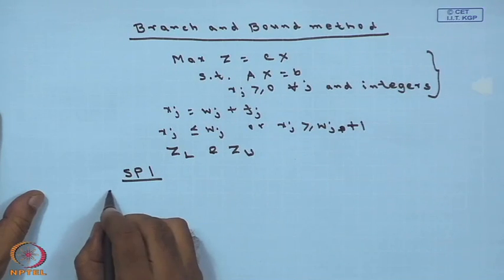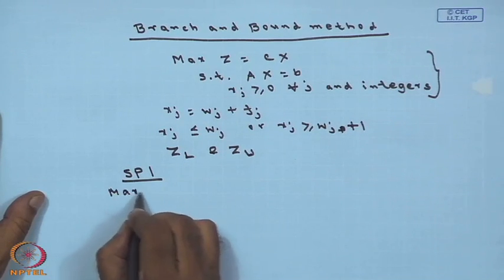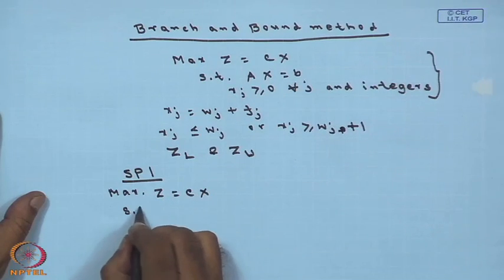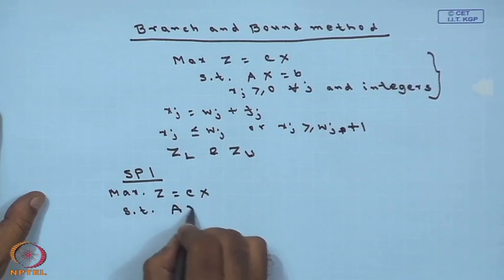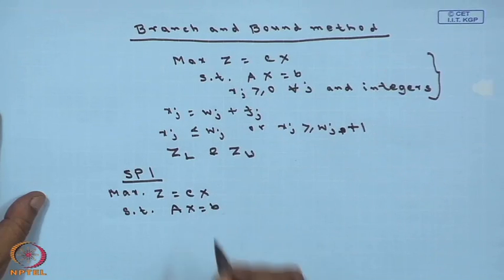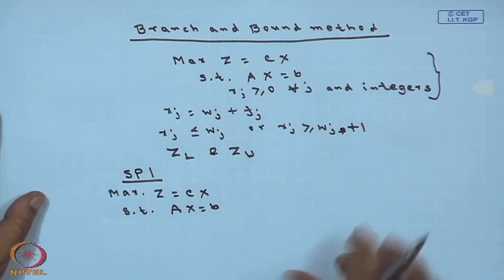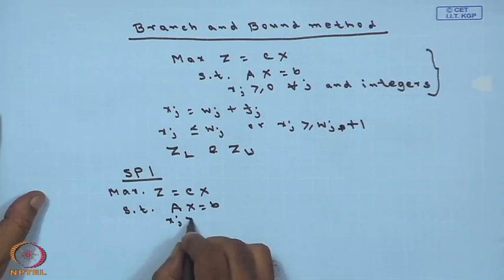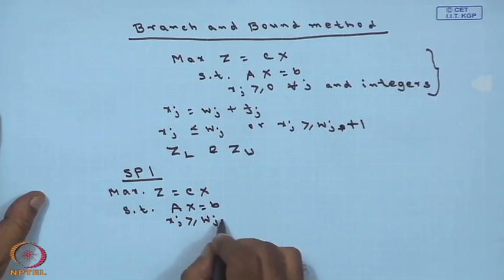In SP 1 the problem we will formulate like this: maximize z equals c x subject to a x equals b, which we have written in the standard form, and x j greater than or equal to w j plus 1.